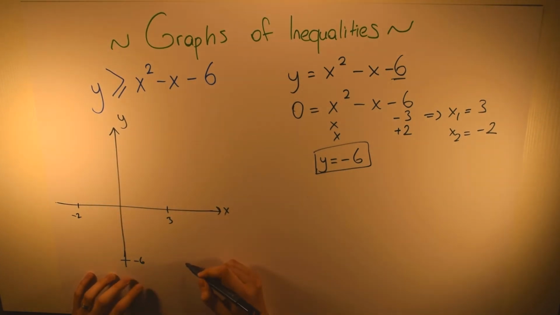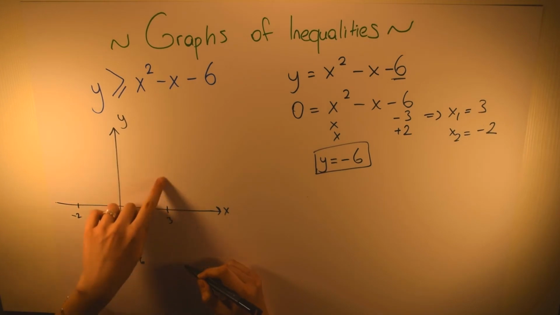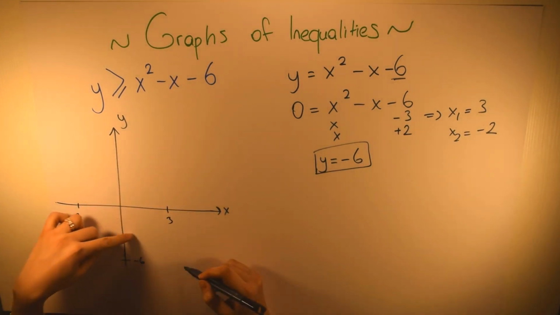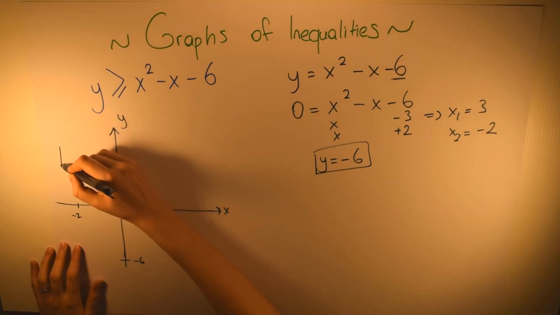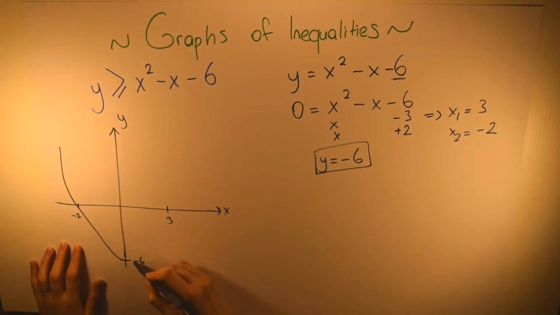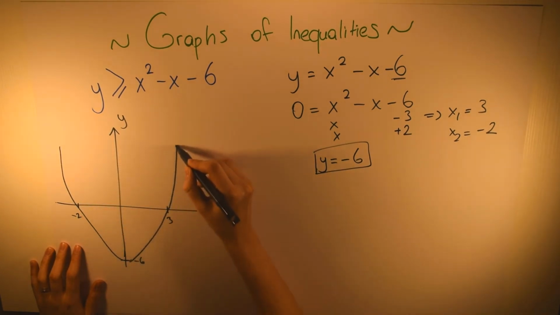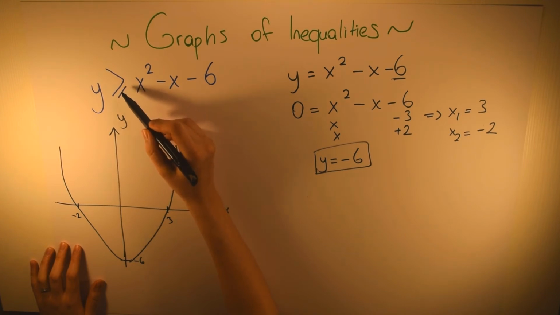So you should draw the curve of the parabola as a normal curve line like this. Why? Because there is also equality here.